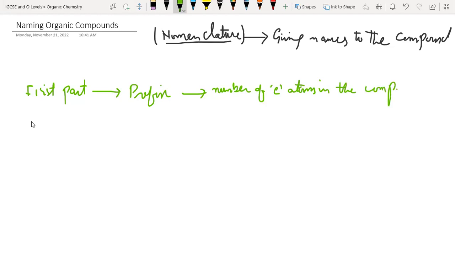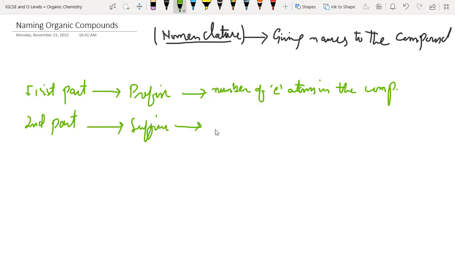The second part of this nomenclature is the suffix. What information does this suffix have?